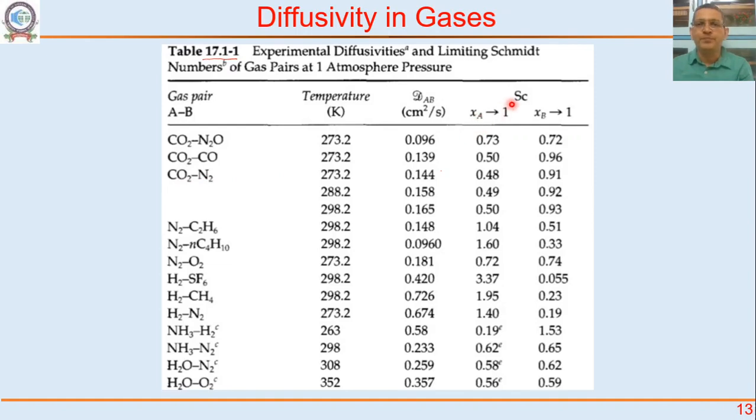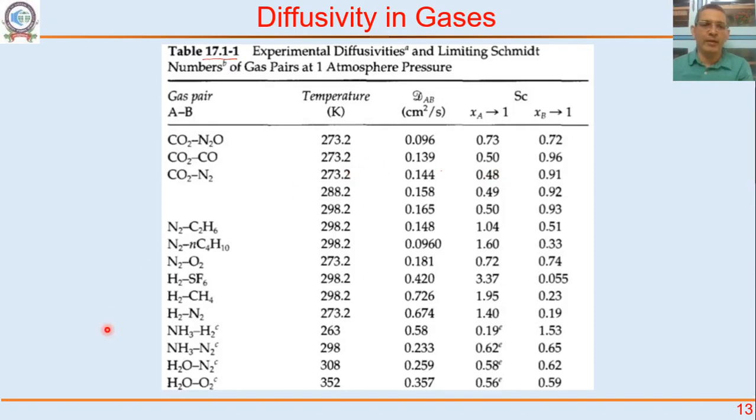First of all, the values of Schmidt number that are given here are for mole fraction of A tending to 1 or mole fraction of B tending to 1. So this would be like the Schmidt number for pure carbon dioxide in this particular case, 0.48, and this would be like the Schmidt number for pure nitrogen in this particular case, 0.91. And this is of course at a particular temperature.